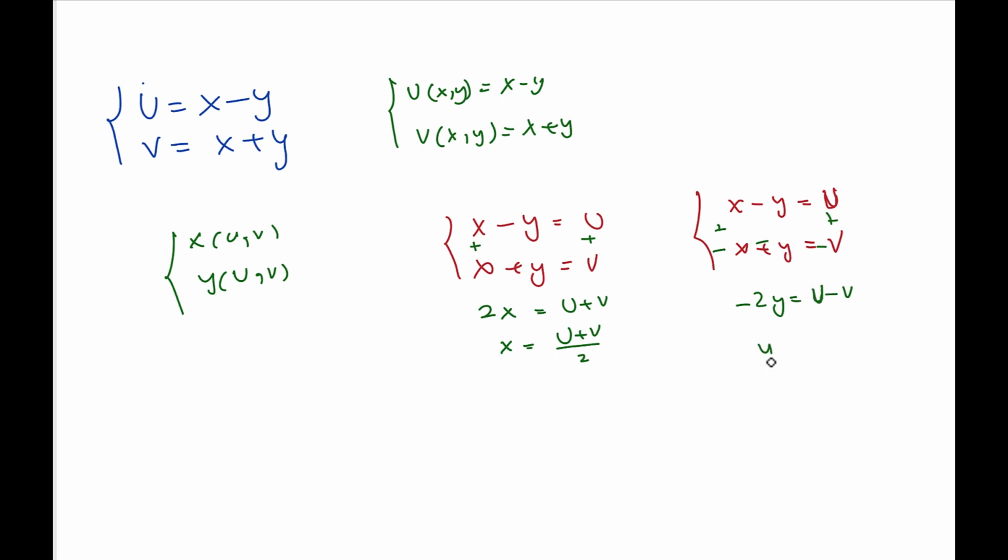And so y is equal to (v minus u) divided by 2. So going back in here, I can write y as (v minus u) divided by 2, and x as (u plus v) divided by 2. And u, v are very much alike at this point.